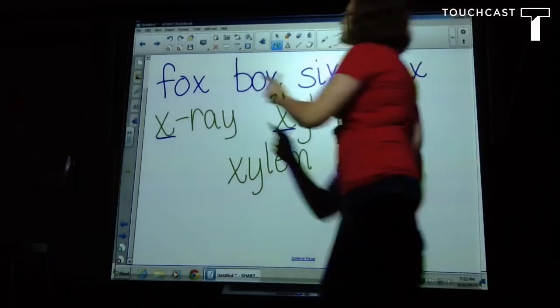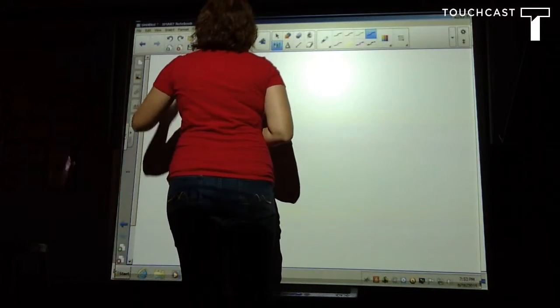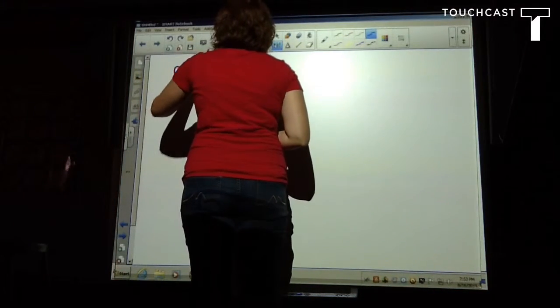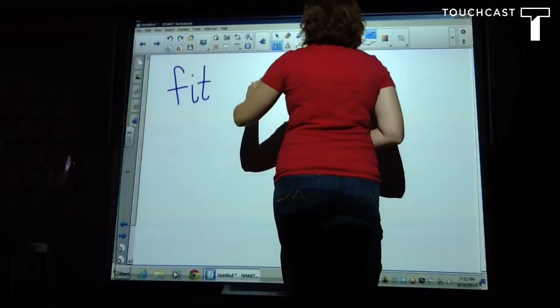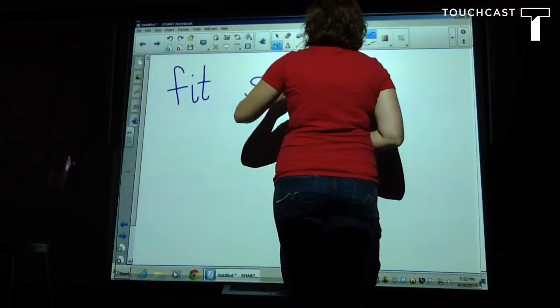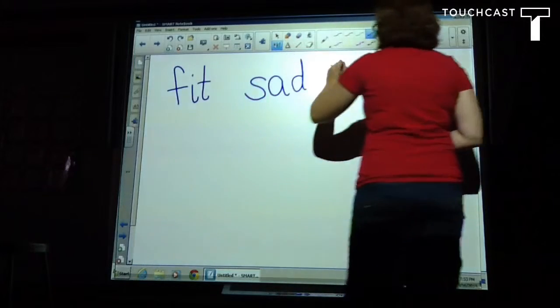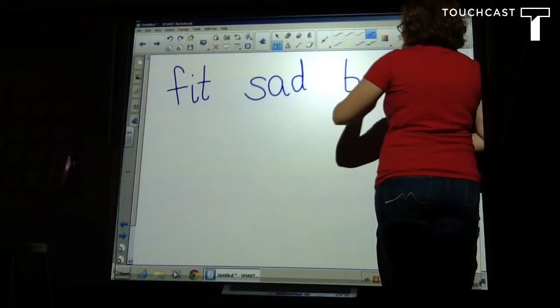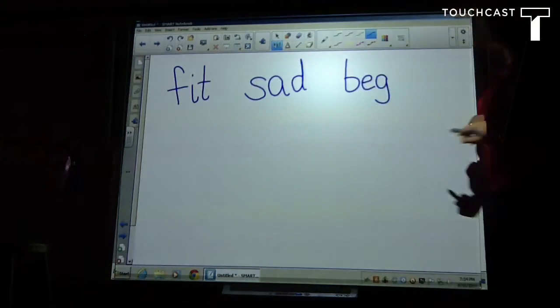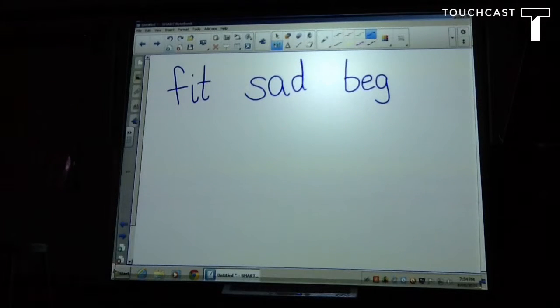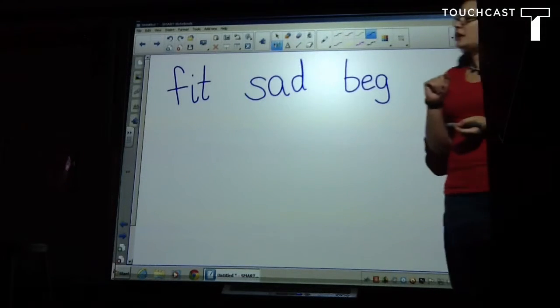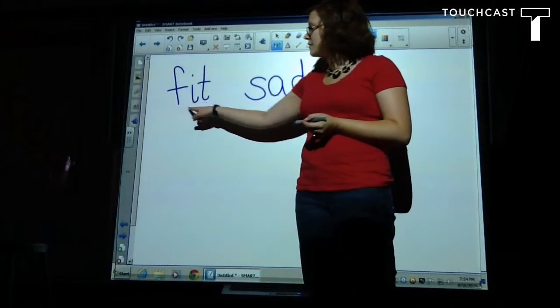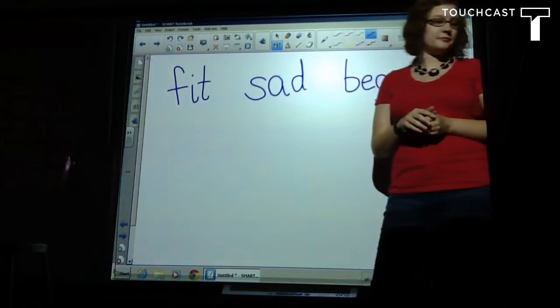Take a look at these words. Can you tell me which of these 3 letters is a vowel?